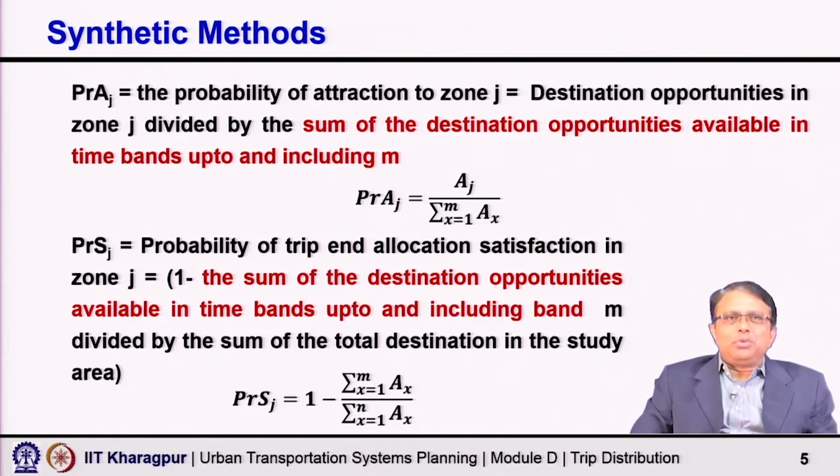So, what is then the probability of Aj, that is, the probability of trip attraction to zone J?